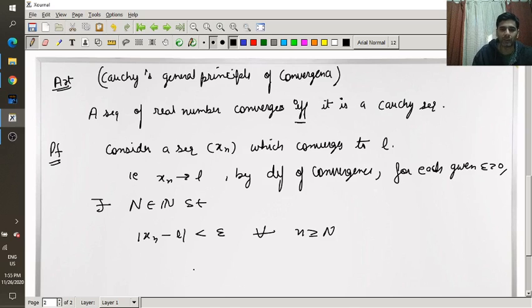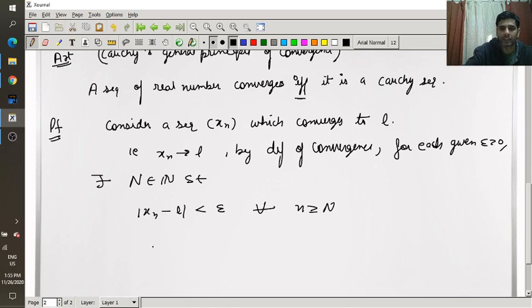You don't need to cram what should be written here. So let us move forward. So |xn minus L| is less than epsilon for all n greater than or equal to N. Let this statement be statement 1.